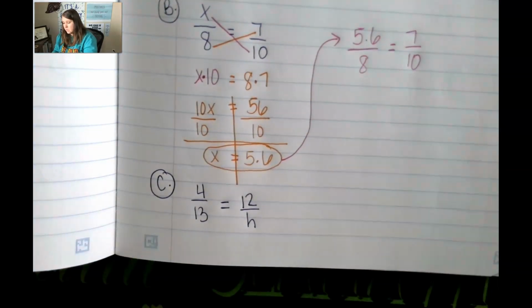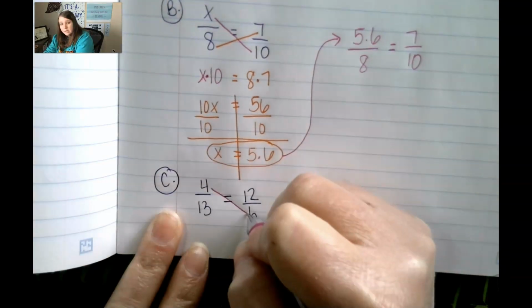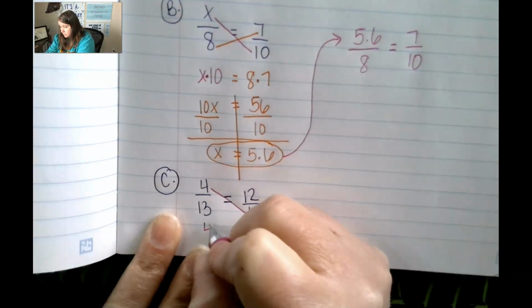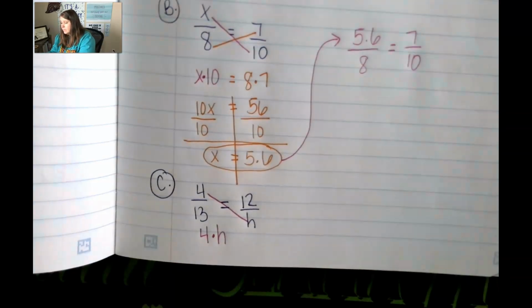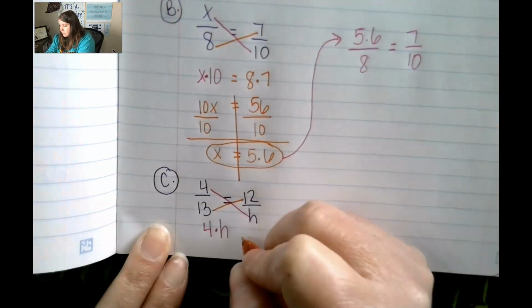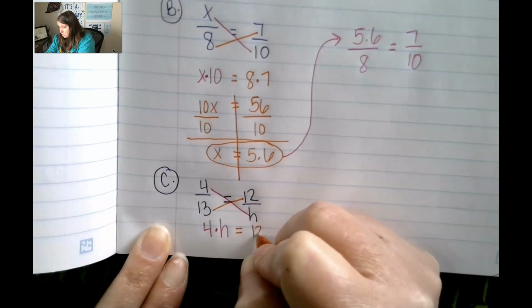All right, let's go ahead and start by using cross multiplication. So 4 times h. And on this side, I have 13 times 12.